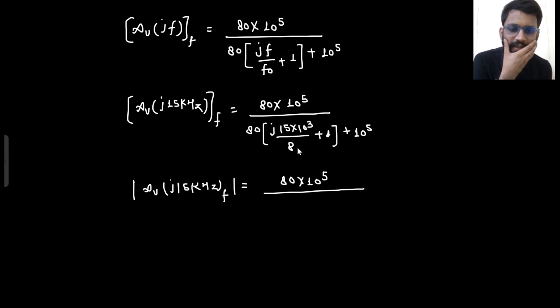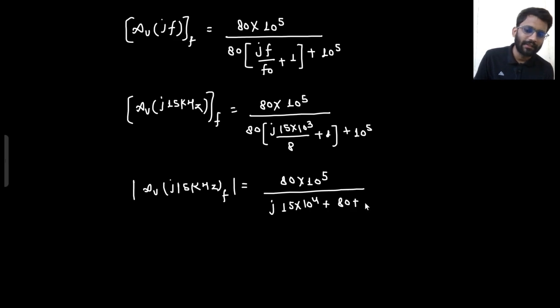So what I can see here is that this 80 will be multiplied here. So what will I get? 15 into 10 to the power 4, right? So j 15 into 10 to the power 4 plus 80 plus 10 to the power 5. This is what I am getting, and I need to take the magnitude of this.